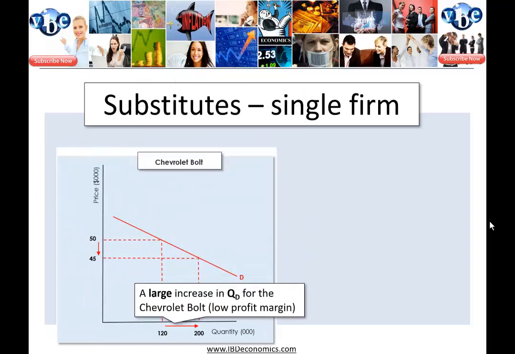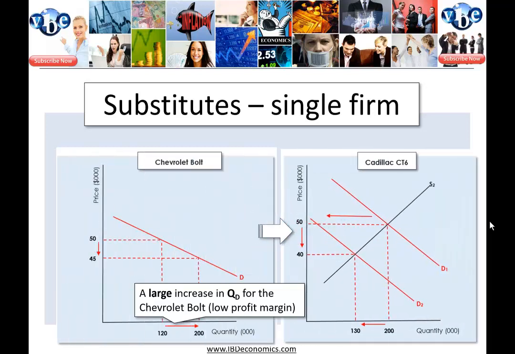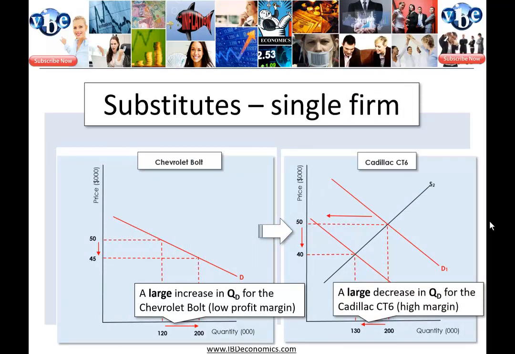So the Chevy Bolt, if it's discounted, perhaps sees a large increase in quantity demanded. Now this is a low profit margin product for General Motors. And perhaps that's going to result in a large decrease in the quantity demanded for the Cadillac, which is a high margin product for General Motors.